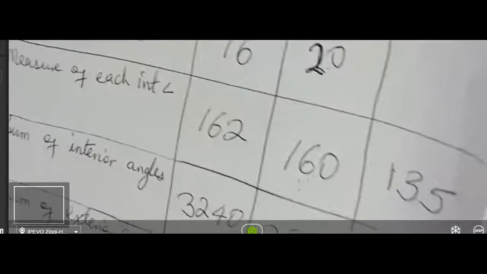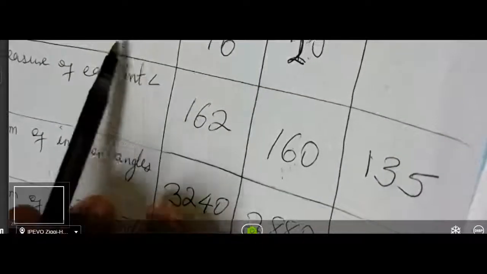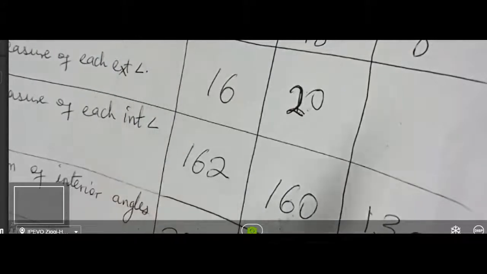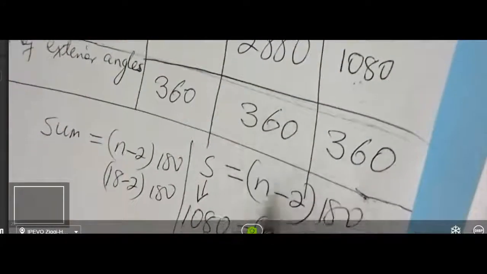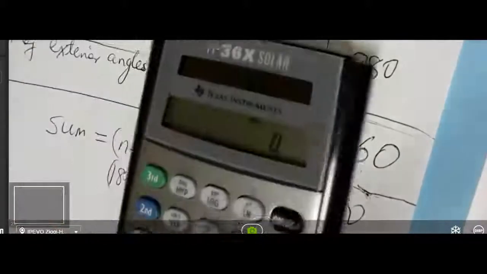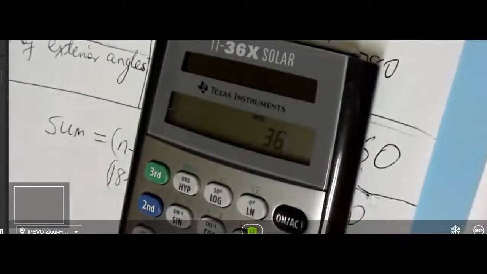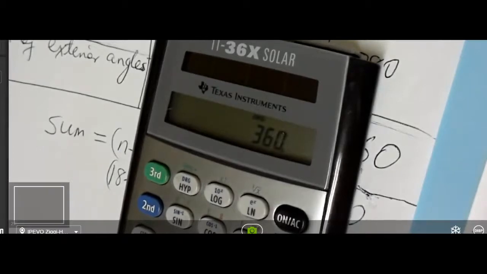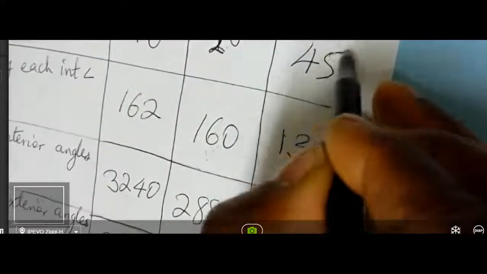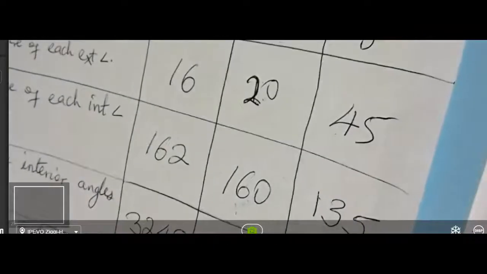Okay, how about the exterior angle? Each measure of the exterior angle: same thing, except that the sum is 360. So 360 divided by 8, each will be 45 for the exterior. Okay, done.